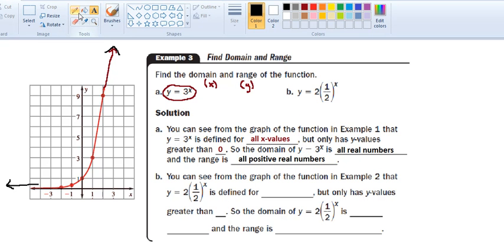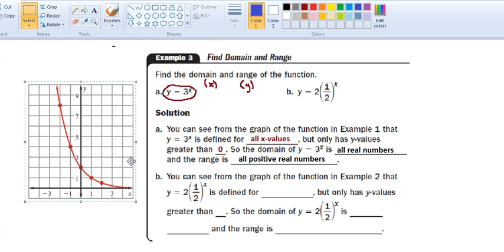Doing the second one, let's take a look at our graph back from example 2, and you can look above. In this graph, there's some similarities. If you notice the line, it's going to get really big, but it is going to eventually cover all numbers to the left.